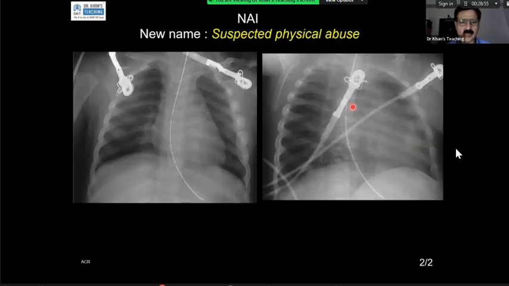So in the UK, now the latest is that if you want to impress the examiners, use this word suspected physical abuse. I am sure they will not mind if you still use the word non-accidental injury. So this is a case of NAI. Why I wanted to show you here is that the same radiological finding can be seen in NAI as well as in rickets. Thank you very much, candidate 3.